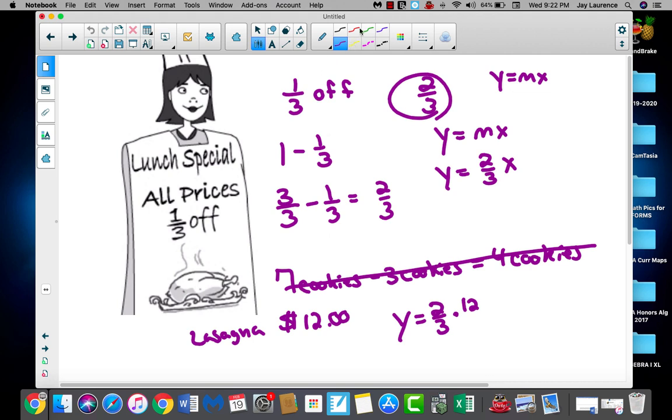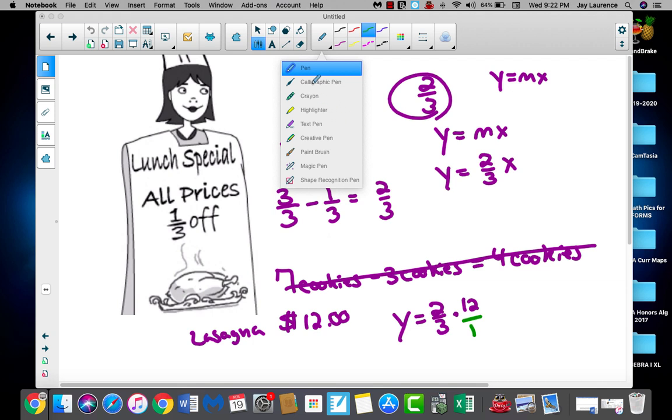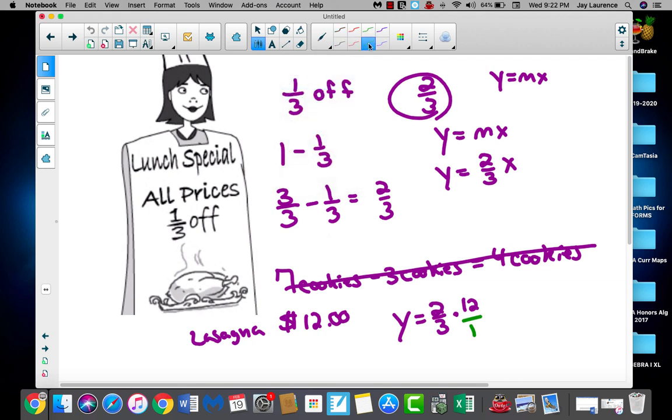And I like to put that over 1. Now, you know Mr. Lawrence is going to simplify before he multiplies. I'm going to say that 3 goes in 12 4 times, and so 2 times 4 is 8. So the lasagna today for this special is going to cost $8.